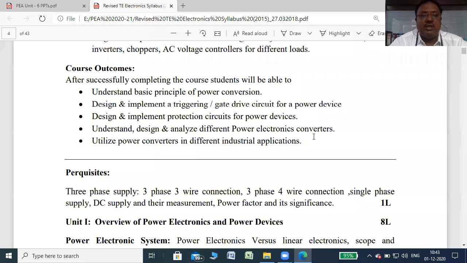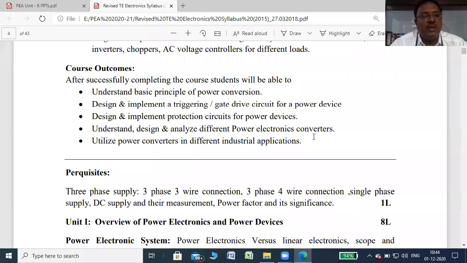So a proper triggering circuit or gate circuit is required. Everyone is able to explain the different types of triggering circuits, gate circuits, etc. Then design and implement protection circuits for power devices.